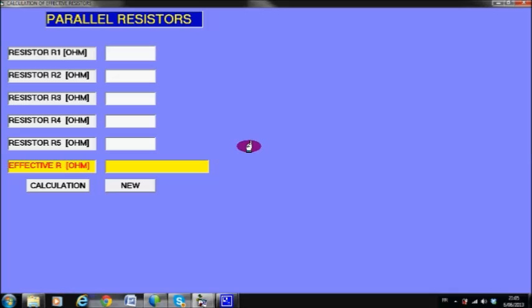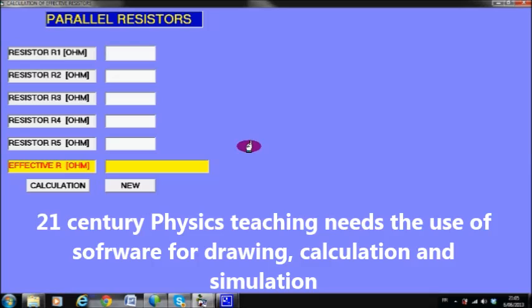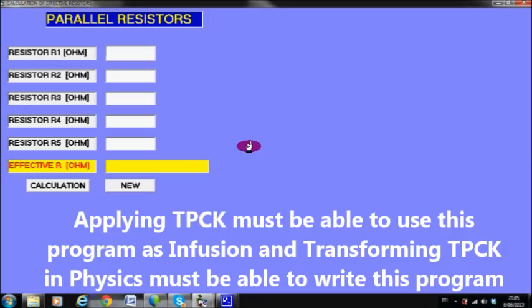But when the resistors are connected in parallel, it's a little bit difficult, not very difficult, but it would be very interesting to help students make such an application to calculate the effective resistance of parallel resistors.